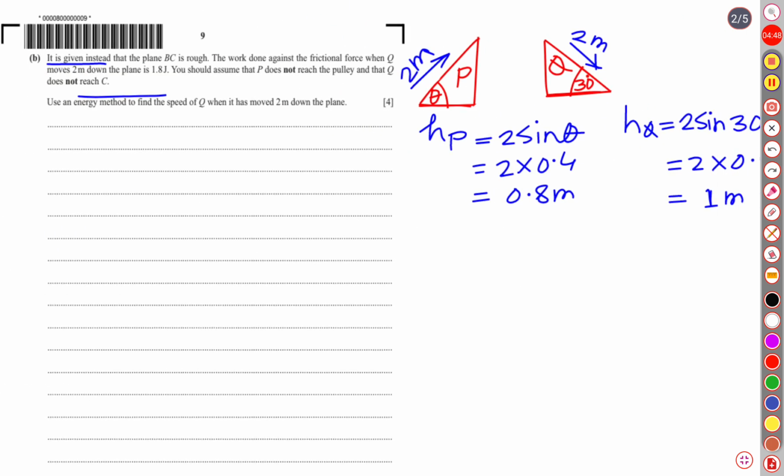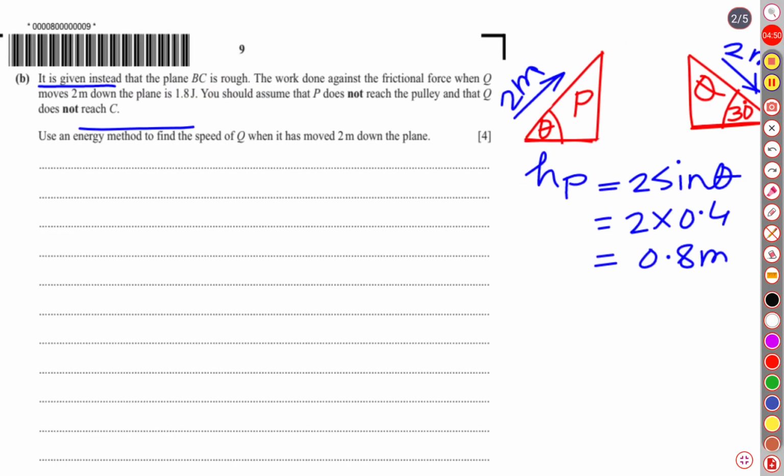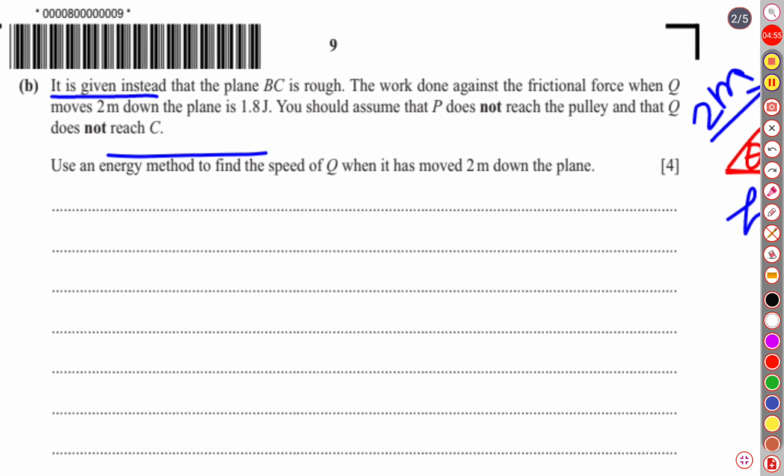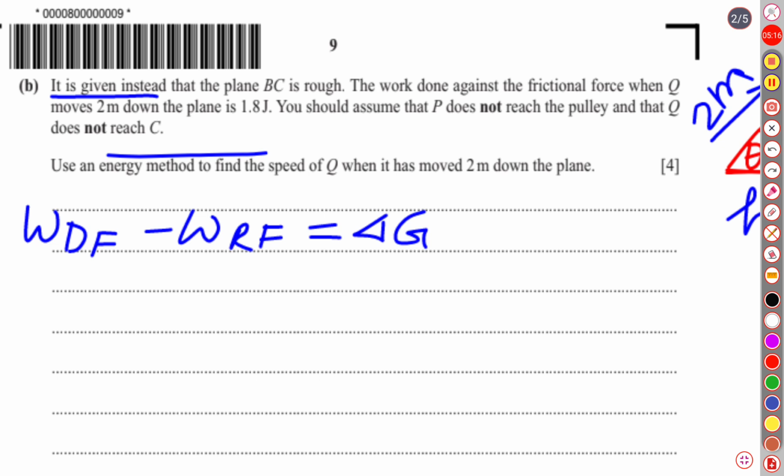So we are going to apply the concept of the work energy equation as we have been suggested. Well, let us write the work energy equation. Work done by driving force minus work done by resistance force is equal to change in GPE, gravitational potential energy, plus change in kinetic energy.